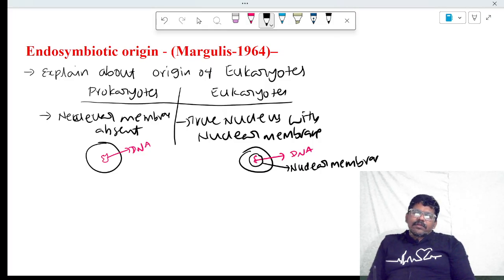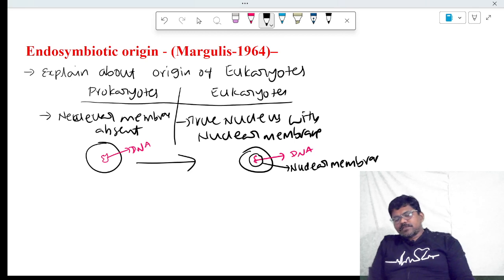Actually, eukaryotes are formed from prokaryotes. The first organisms which evolved on the earth were prokaryotes, but later prokaryotes were converted into eukaryotes.